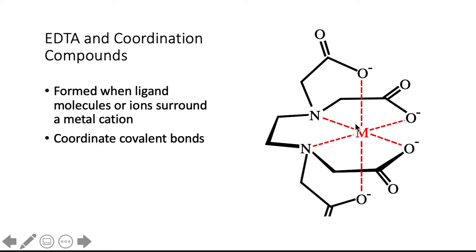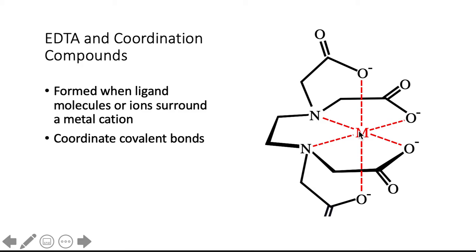And then we have our metal ion in the middle, and notice that each of these atoms on the EDTA molecule that is making a bond with the metal has a lone pair. Like nitrogen would have a lone pair, our O- has 3 lone pairs, but it has at least 1 lone pair that it can donate here in this ligand-metal bond.